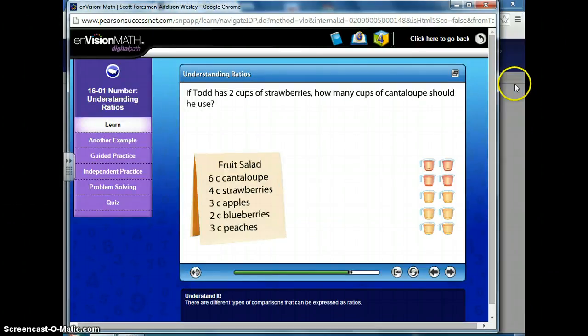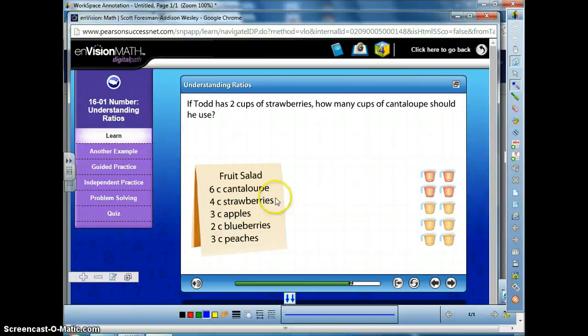Well, we are not sure because this doesn't say 2 cups. This says 4 cups. Right now, this says 4 cups of strawberries, use 6 cups of cantaloupe.